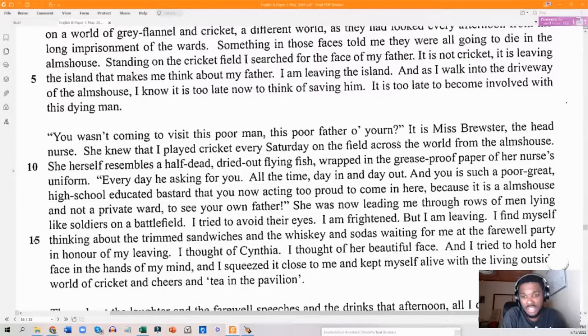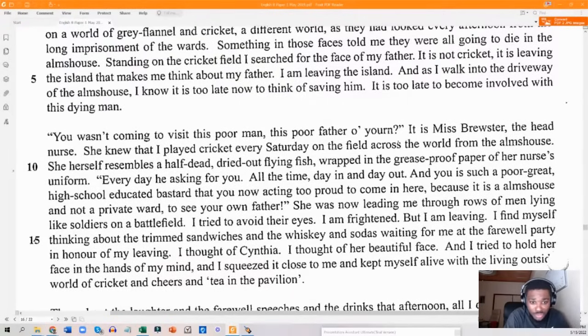She herself resembles a half-dead, dried-out flying fish, wrapped in the grease-proof paper of her nurse's uniform. Every day he asking for you, all the time, day in, day out. All you is such a poor, great, high school educated bastard that acting too proud to come in here because it is an almshouse and not a private ward to see your own father.